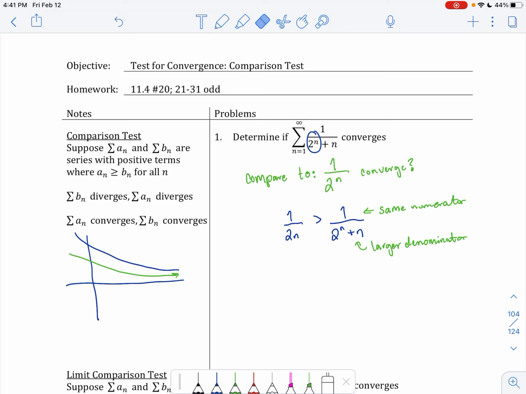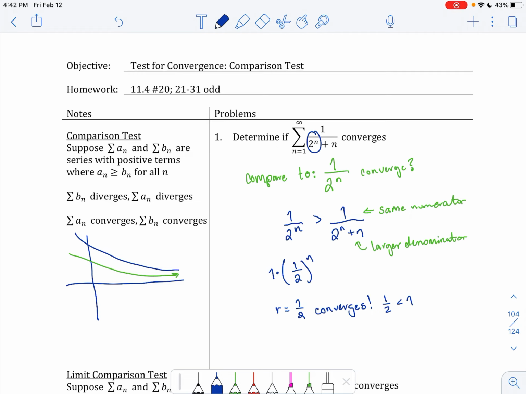Now 1 over 2 to the n looks more like an exponent. This is the same as (1/2) to the n, since 1 to the n is 1 no matter what. So then this would be a geometric series where r is equal to 1/2, which means that it converges, since 1/2 is less than 1 and it's positive.